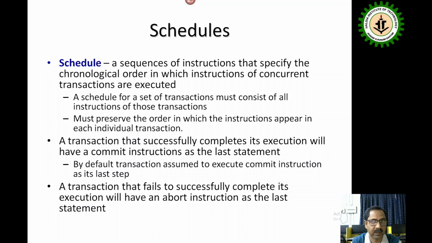That is the schedule. Whenever the schedule finishes all its instructions successfully, each individual transaction must save whatever it made on the database permanently. For that, we perform the commit operation.